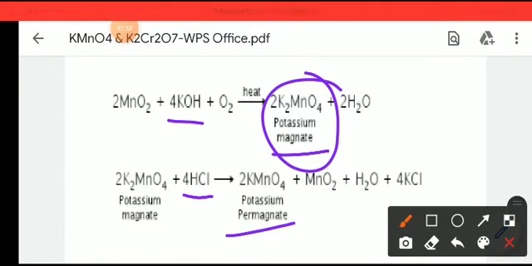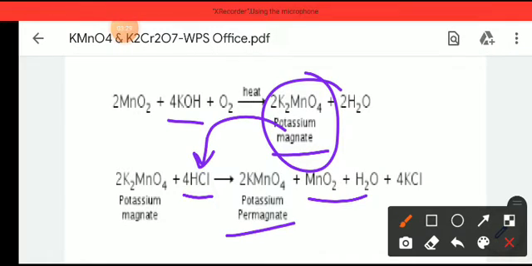So the first step deals with manganese dioxide being reacted with KOH, that is potassium hydroxide, in the presence of oxygen. It forms potassium manganate, K2MnO4, and this K2MnO4 further reacts with HCl and forms the requisite potassium permanganate, KMnO4, along with several other things like MnO2, H2O and KCl.